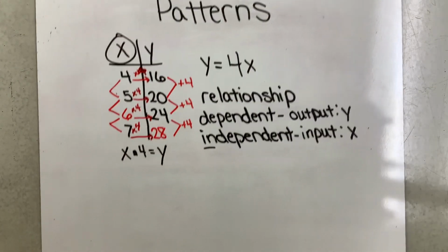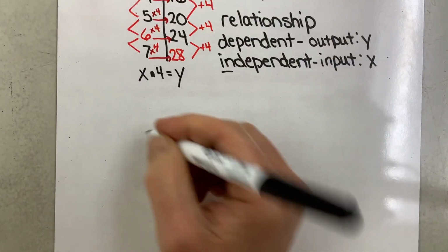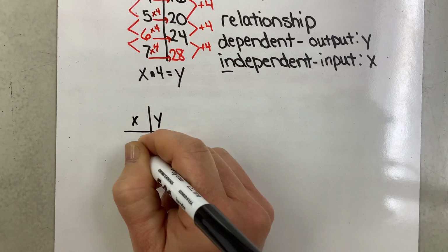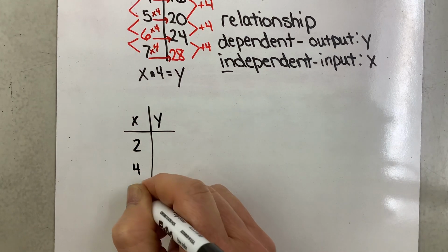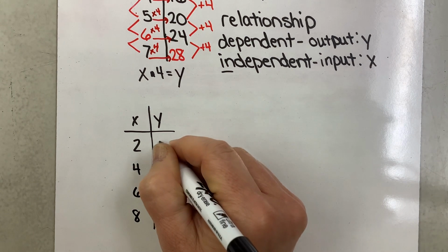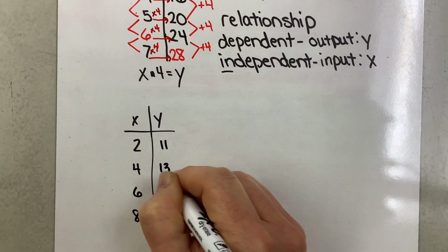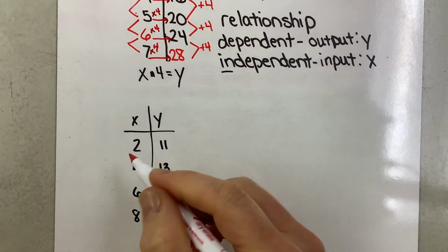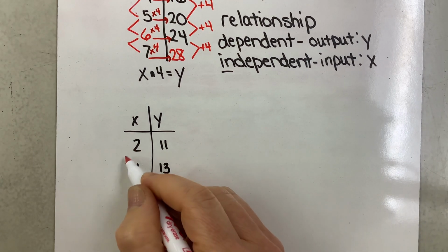Here is another one. So if we look at another XY table, if I have 2, 4, 6, 8, okay, and then I have 11, 13, and then 17, okay? Well, when I look at this, I can see these are going up by 2's.